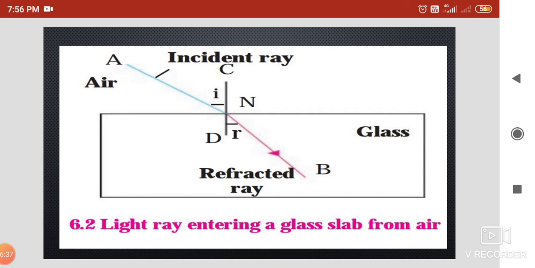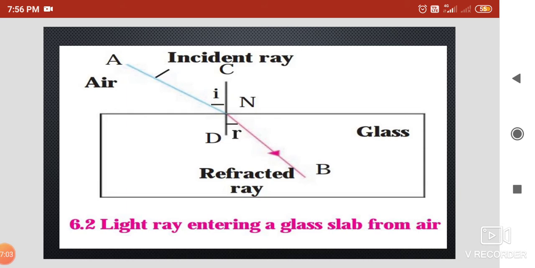Now the second law. If you take the ratio of sine of angle I, the angle of incidence, to the sine of angle R, the angle of refraction, this ratio is always constant for the given media.